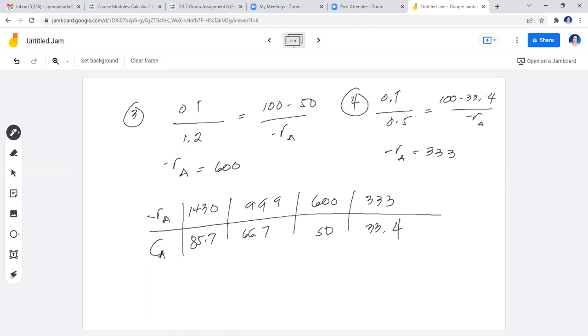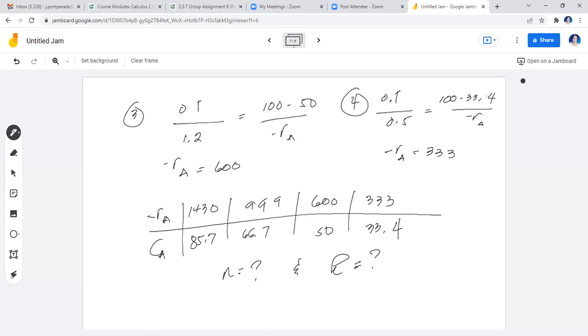Now, what am I going to do with this? Rates and CA. Remember, my goal is to find the N and the K. How will you do that?